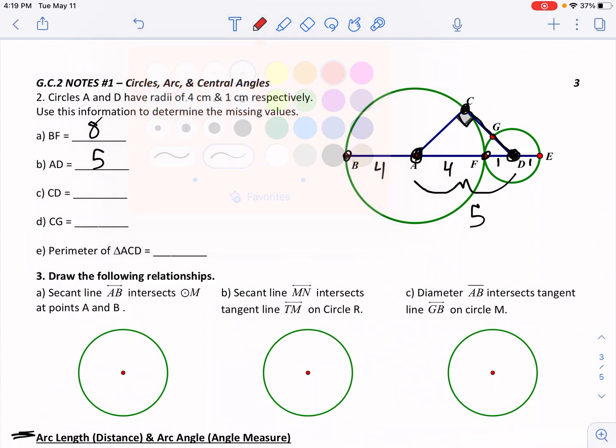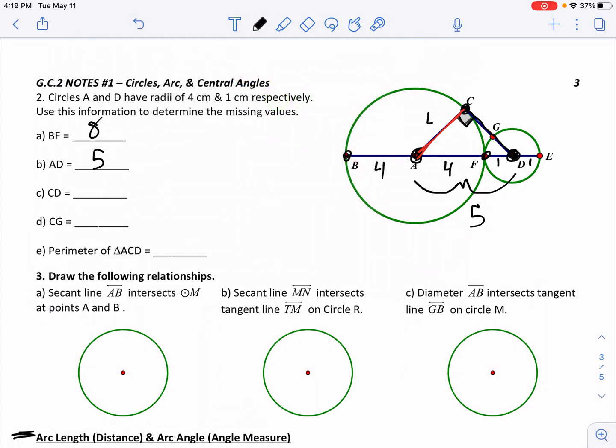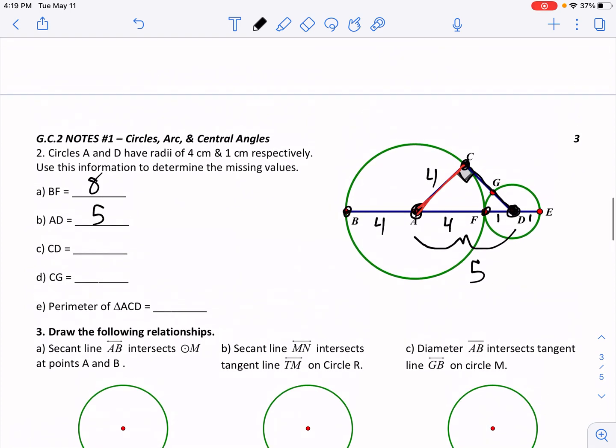Notice that AC here is a radius of circle A, so it has to have the same measure as all the other radii, which is 4. So if we break apart our triangle, this guy would be 4, this is 5. What we're trying to find is CD.